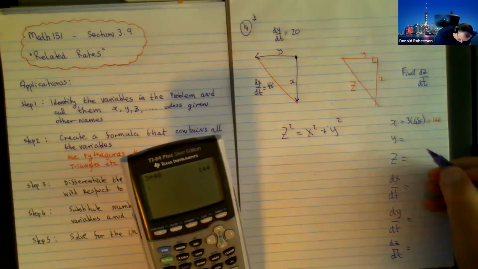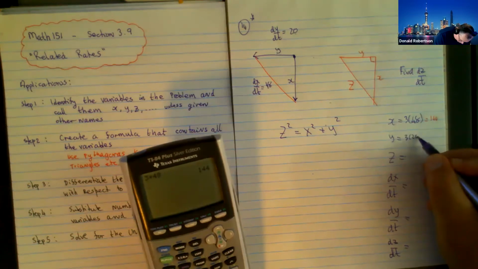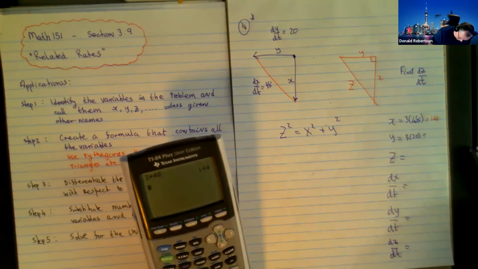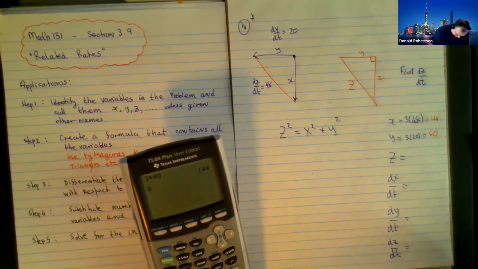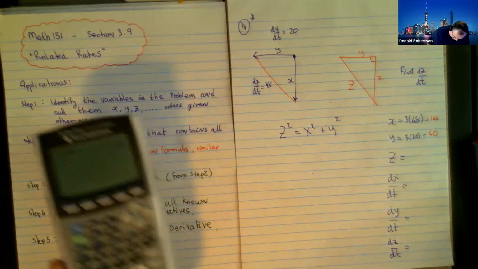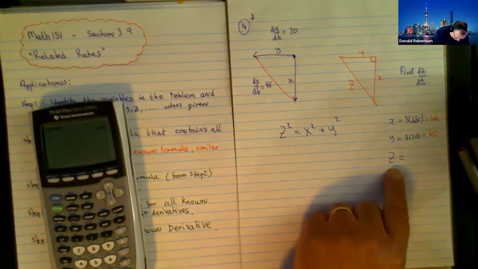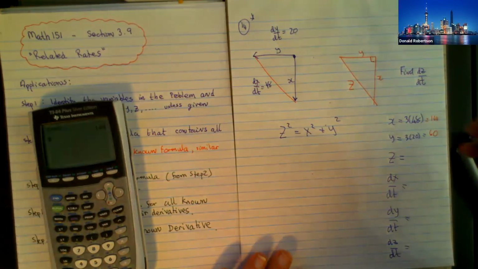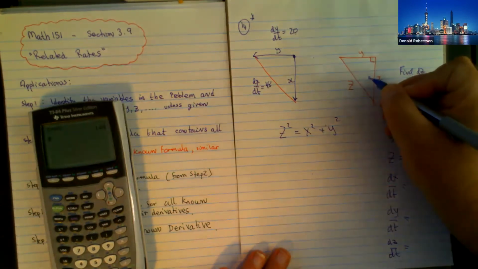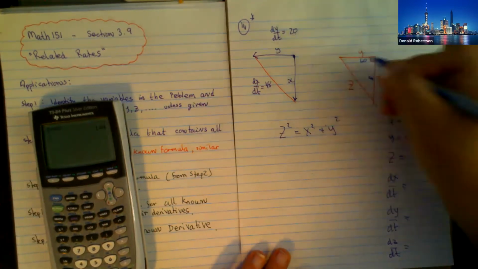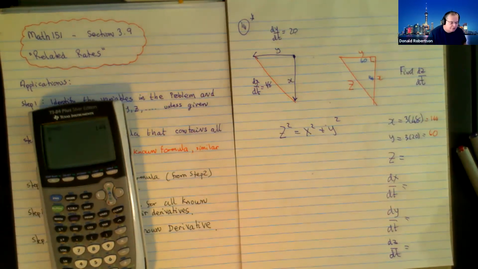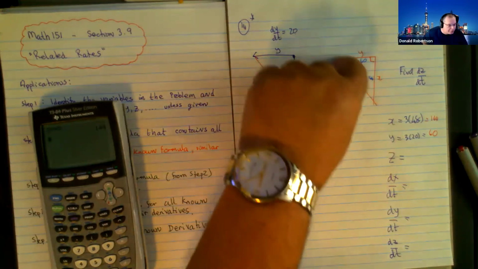Y is 20 miles an hour, so 3 times 20. After 3 hours, that would be 60 miles. Now, if you want to get Z, don't you have to do a little bit more work? That's going to be 144, and that is going to be 60.